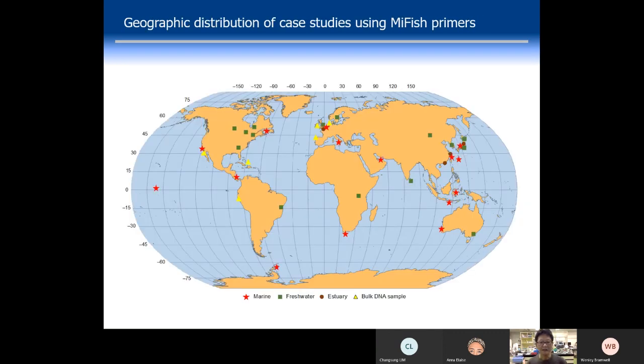And this map shows the geographic distribution of case studies using the MiFish primer. You can see that the MiFish primer has been used on 6 continents: Arctic, South America, North America, Africa, Eurasia, and Australia, as well as 3 oceans, from marine, freshwater, and brackish water ecosystems.